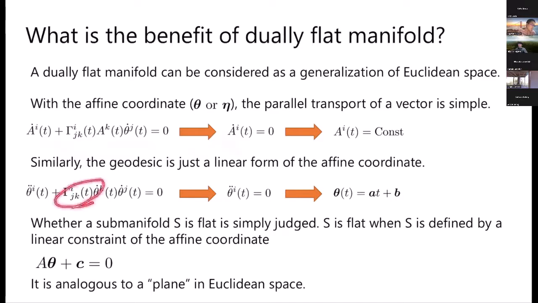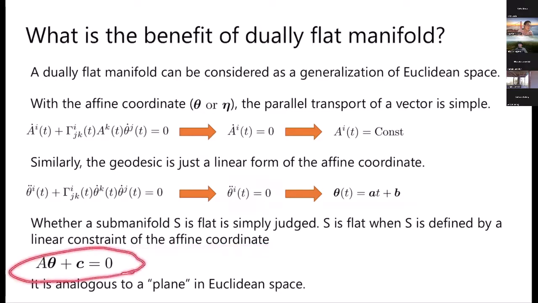So with gamma equal to 0, the equation for theta is like this. So the geodesic is just a linear straight line. Very simple. And also, whether a submanifold S is flat is simply judged in a dually flat manifold, because S is flat when S is defined by some linear constraint of the affine coordinates, like this.